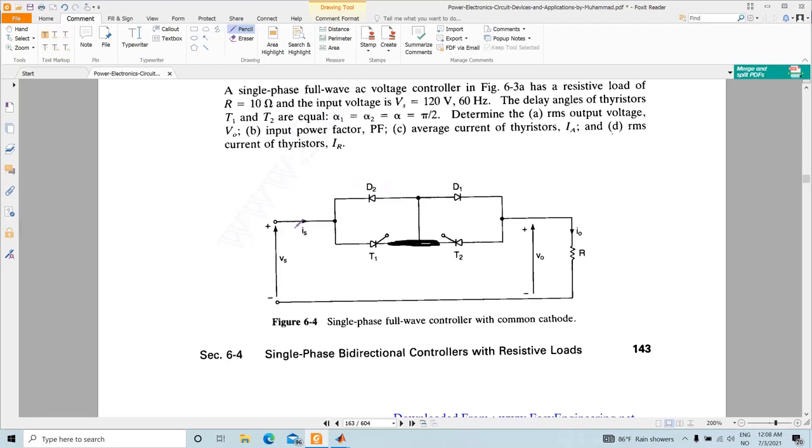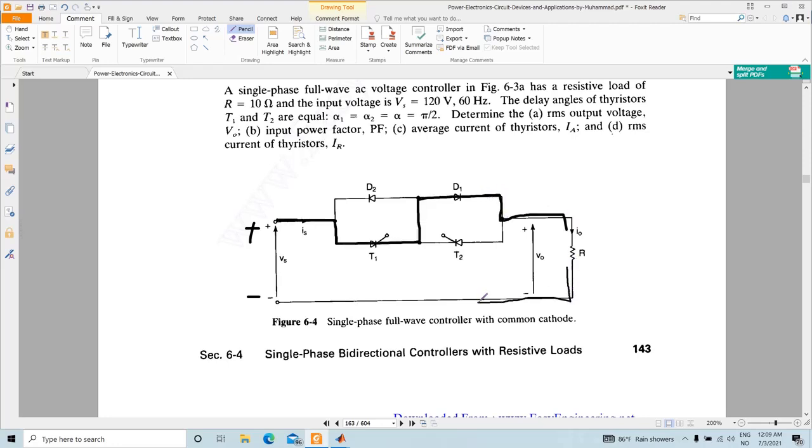So how this circuit operates is that in the positive half cycle, when this terminal is positive and this terminal is negative, the current is flowing like this, and you trigger the thyristor after time alpha, and the current flows like this.